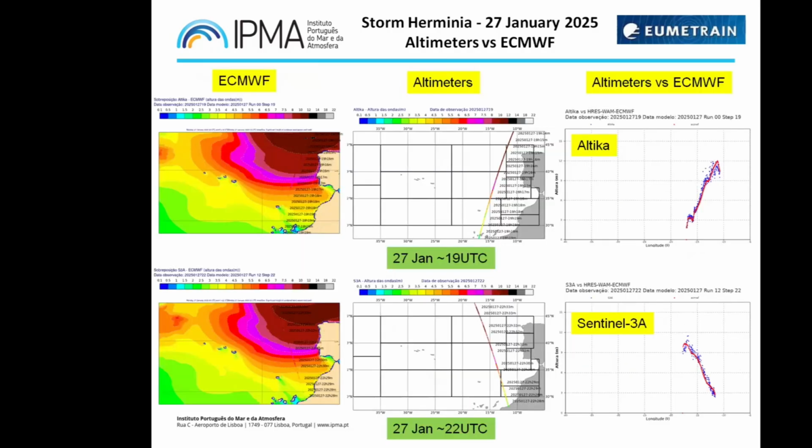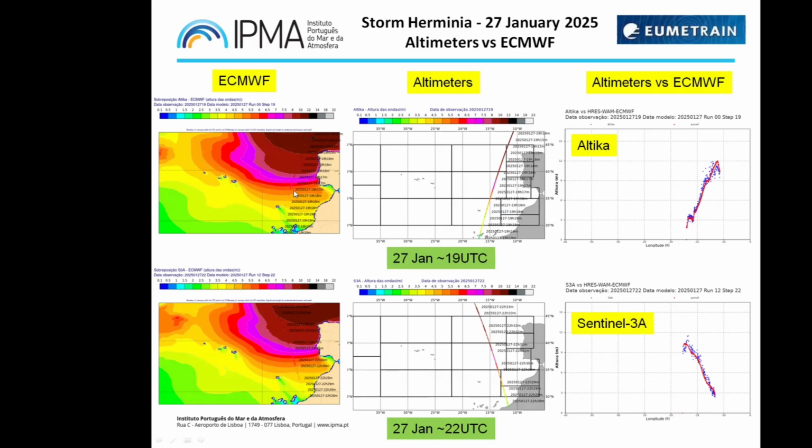And here you can see the validation of the ECMWF forecasted significant wave height with the retrieved data from 2 altimeters. On the left, there is a forecast from the ECMWF predicting 10 to 12 meters of significant wave height to the north and the west coast of the Iberian Peninsula.